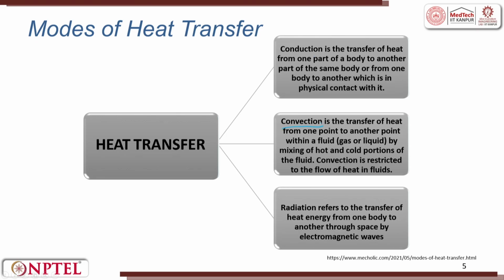Convection is a transfer of heat from one point to another within a fluid, which can be a gas or a liquid, by mixing a hot and a cold portion of the fluid. Convection is restricted to flow of heat in fluid. Radiation refers to the transfer of heat energy from one body to another through space by electromagnetic waves. So, this is important.